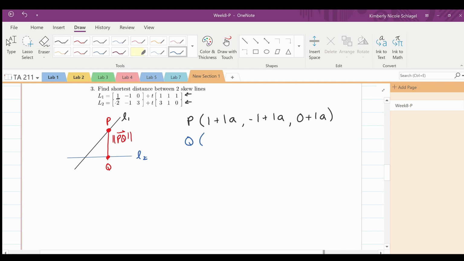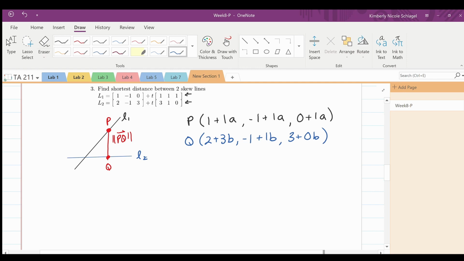I'm just going to write out what X, Y, and Z look like in parametric form. So 2 plus 3b, I'm choosing b for my Q, for my line 2, sorry. Then negative 1 plus 1b, and then 3 plus 0b. So I end up with these two equations here.